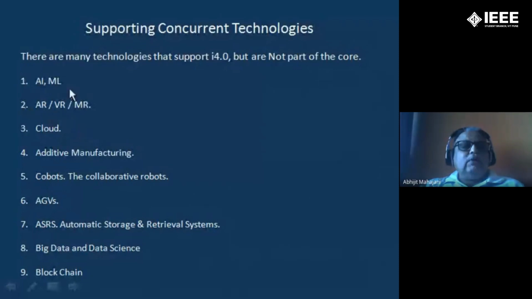AR, VR, MR are technologies used for training purposes and SOP implementation and those kinds of things. Additive manufacturing is used for rapid prototyping. Some parts are manufactured using additive manufacturing, but very few. For very complex and specific parts, it's profitable to go in for additive manufacturing.